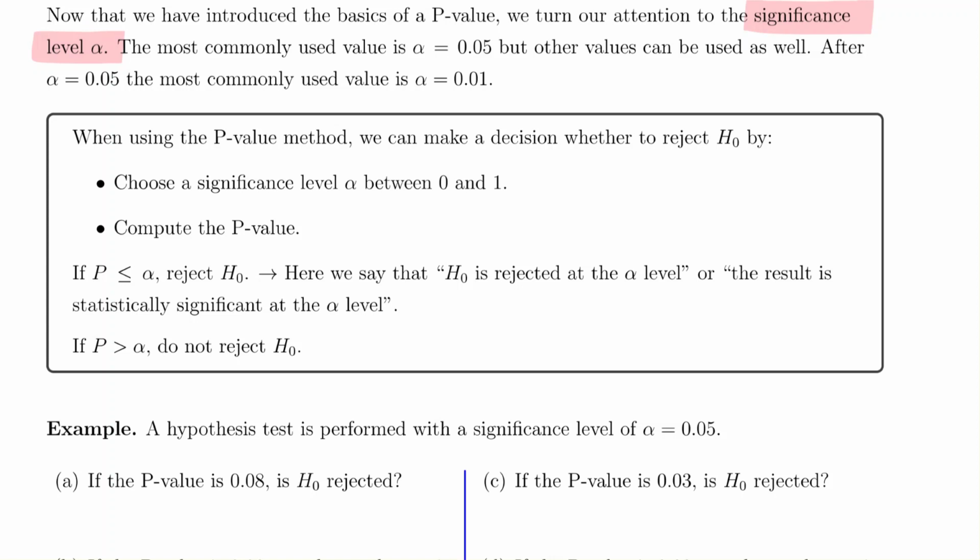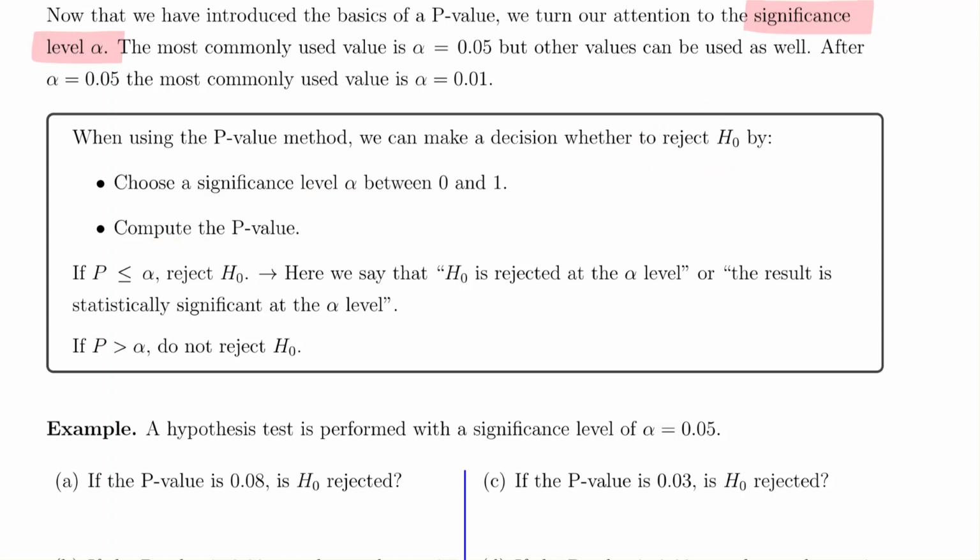Now when we use the p-value method to evaluate our hypothesis test, we make our decision whether to reject H0 by first getting a significance level alpha between 0 and 1, then computing the p-value, and we talked about how to do this previously in this video. And then how do we make our decision?